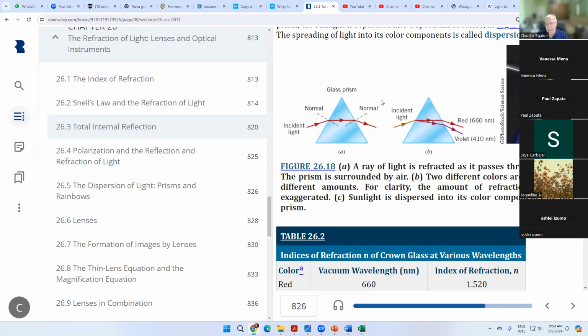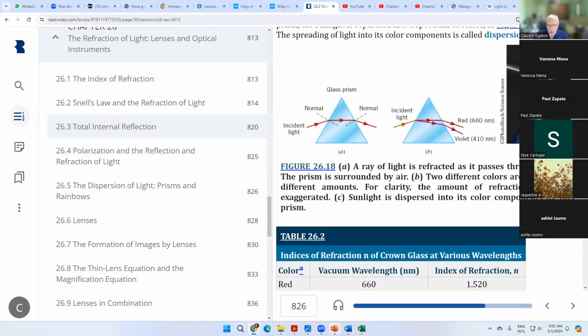So you can imagine your normal right in here. You can see that the violet is bending more than the red light. And what does it mean? It means that the refractive index for the violet light is higher than the refractive index for the red light. Okay? That's what it means.